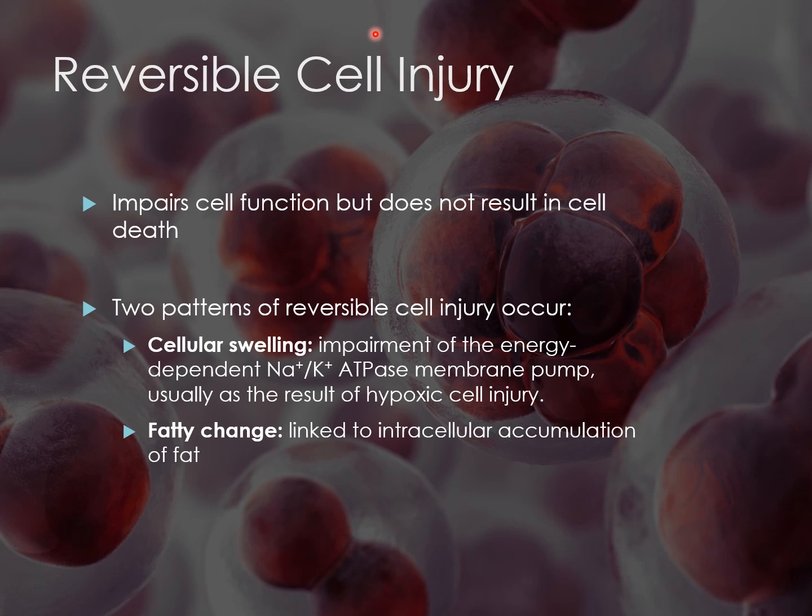So that's why it's imperative when patients are hypoxic or have a lack of oxygen to certain tissues, to reverse that hypoxic state as quickly as possible, whether it's by increasing blood flow, whether it's by increasing oxygen delivery, whatever it might be. But we do have to reverse that anaerobic state quickly to prevent this reversible cell damage from becoming permanent. Okay.